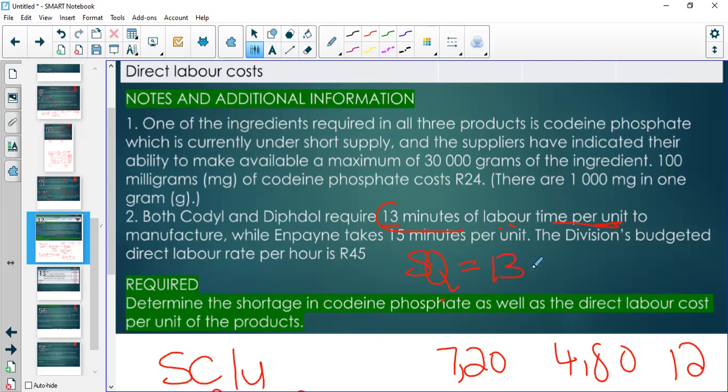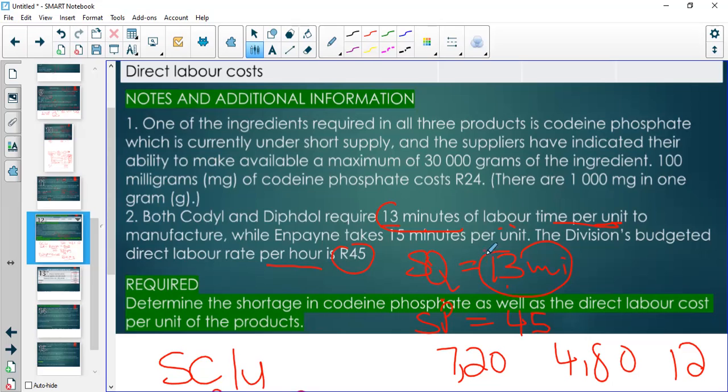It's 13 minutes. Then the standard price is 45 rand per hour. Now you see the trickery. The standard price is 45 rand per hour, but we are given minutes here. So we can't just say 13 by 45, because this is 45 rand for each hour.